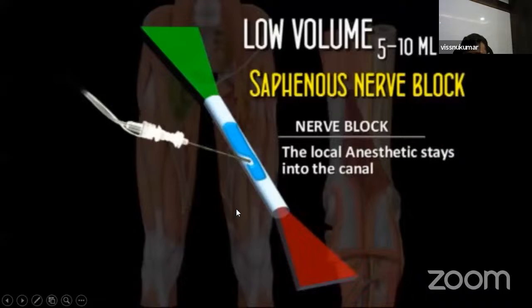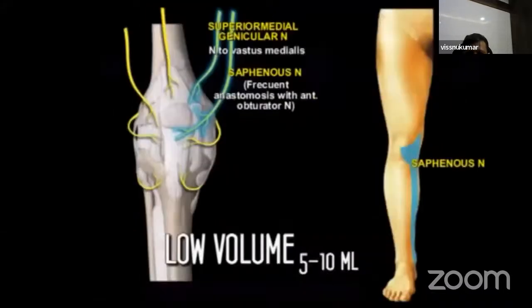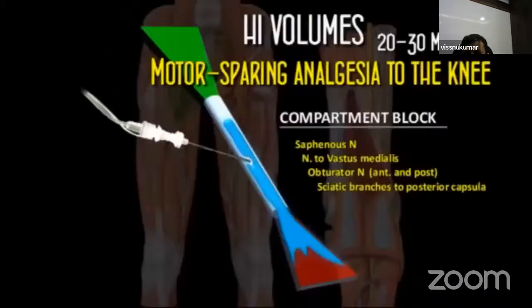This is going to block only two of the 12 branches that we discussed, and it is going to provide anesthesia to the medial leg and the medial portion of the ankle. So when we give only the saphenous nerve block, it is going to cause only 10 to 20% of the pain relief. But when you give a high volume like 30 ml, what happens?